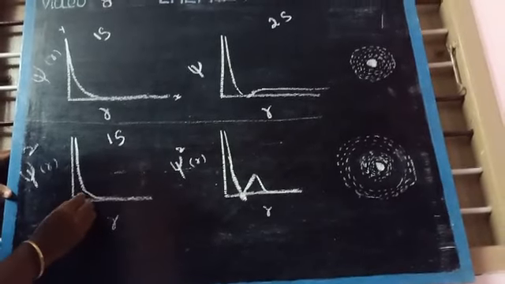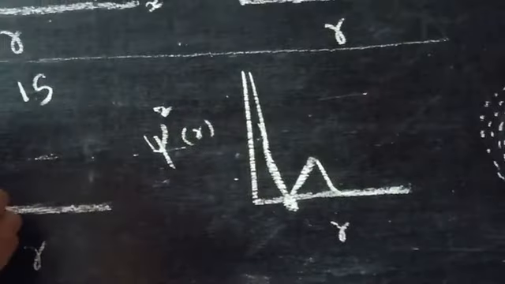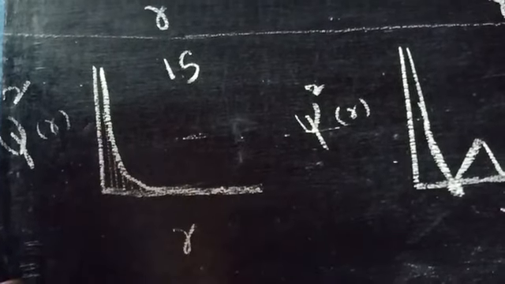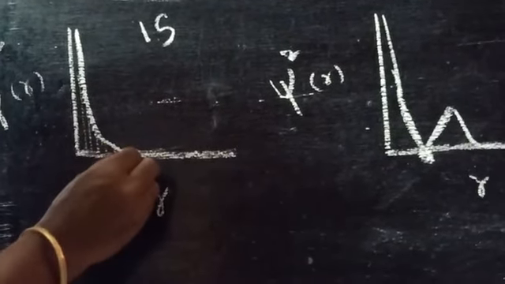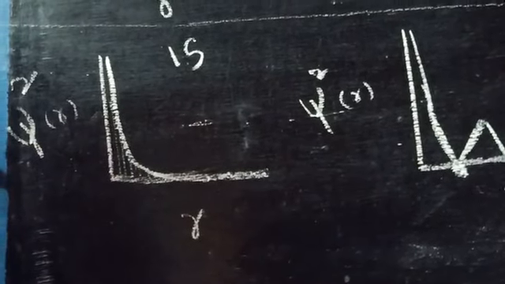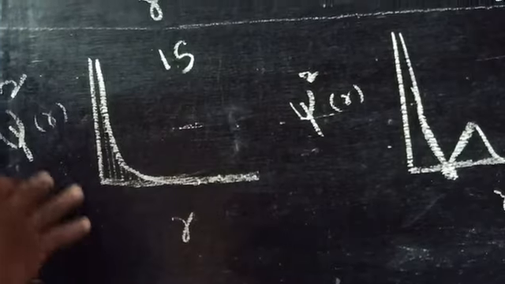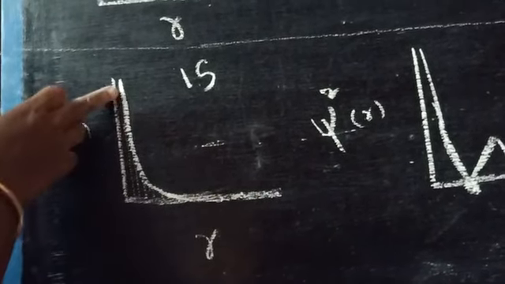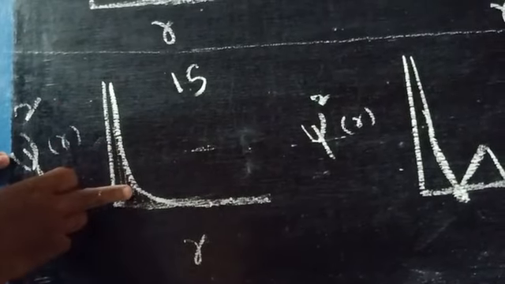At the same time, the radius value increases. At a particular level, the value reaches 0. We can understand from this graph that the probability density decreases.